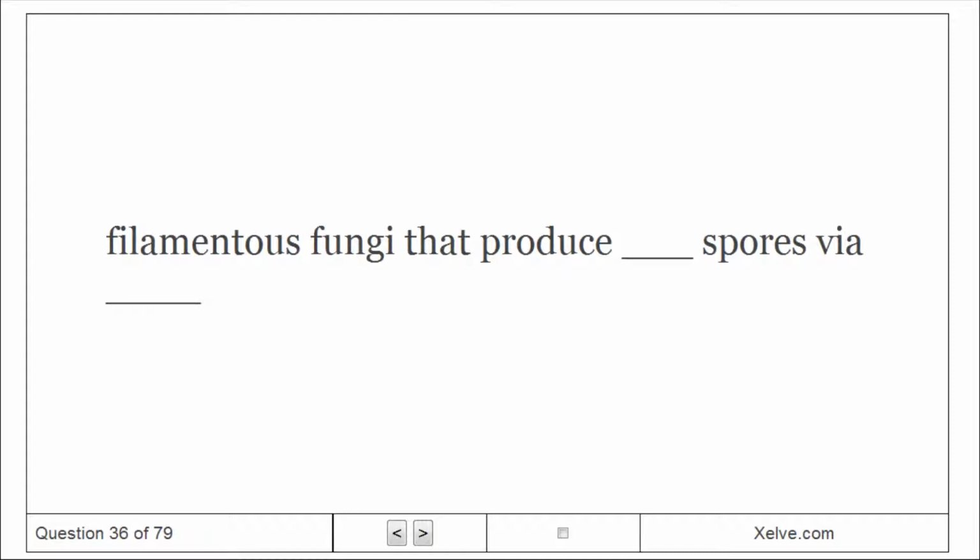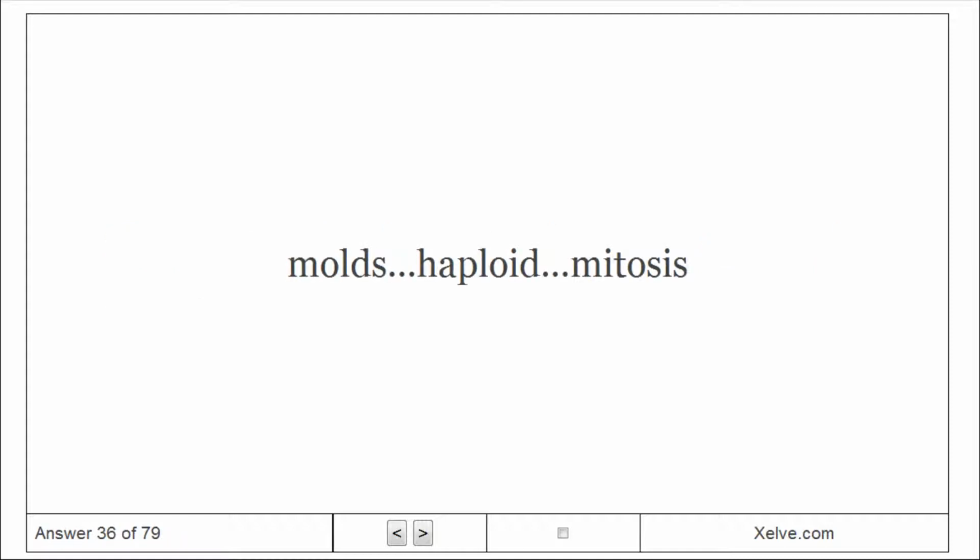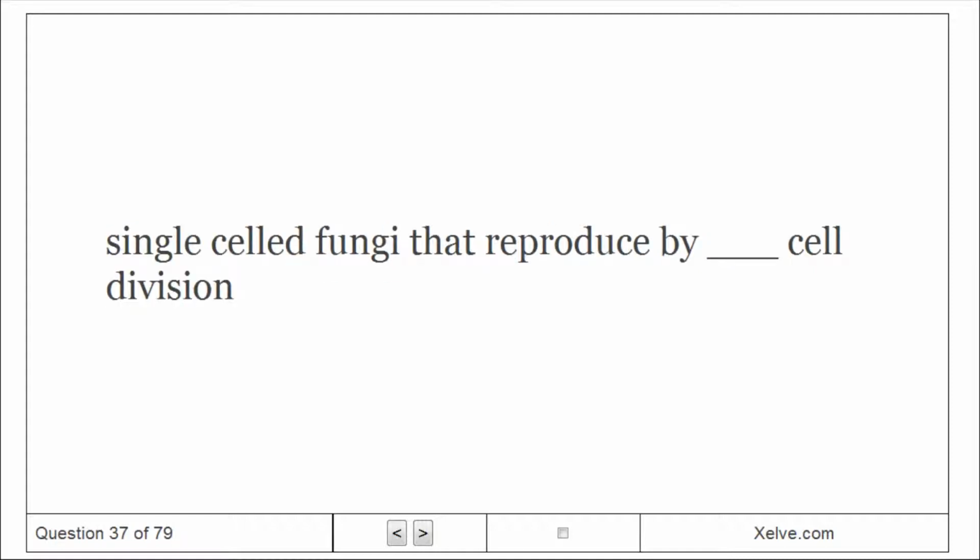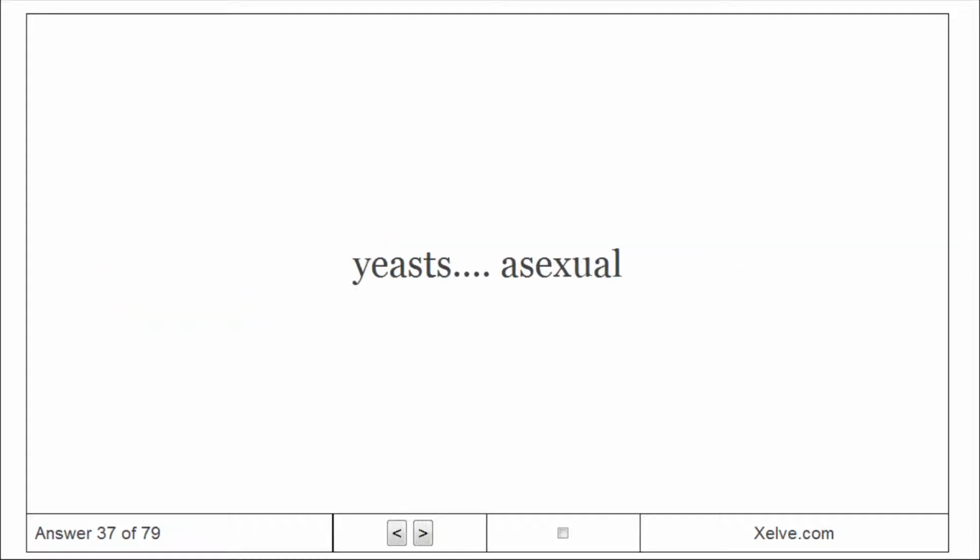Filamentous fungi that produce haploid spores via meiosis: molds. Single-celled fungi that reproduce by asexual cell division: yeasts.